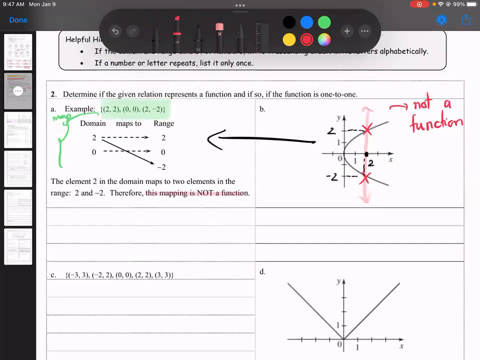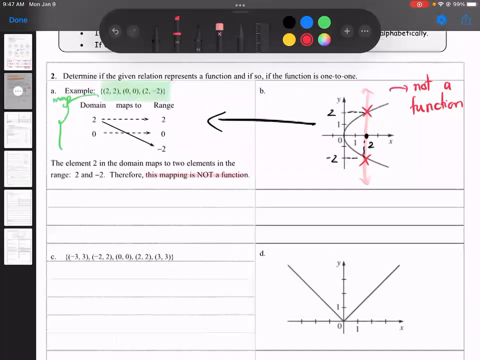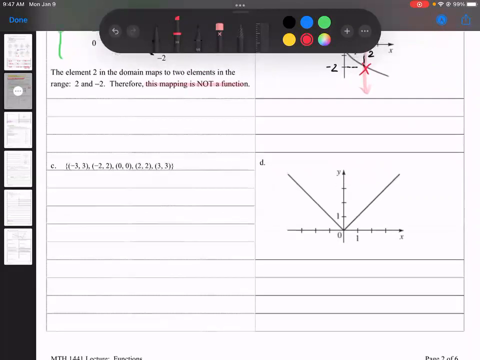What about C? It's a function, right? It's a function because x is not repeated. I'll say yes. It's a function.